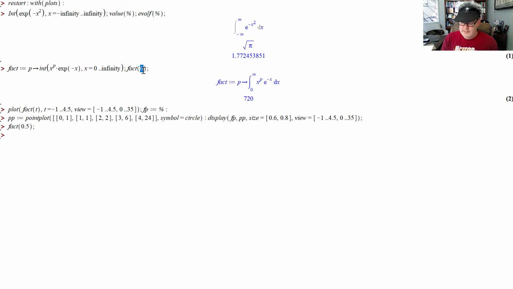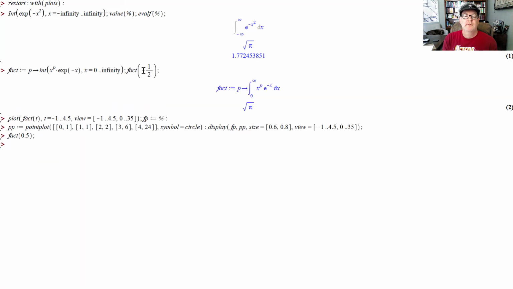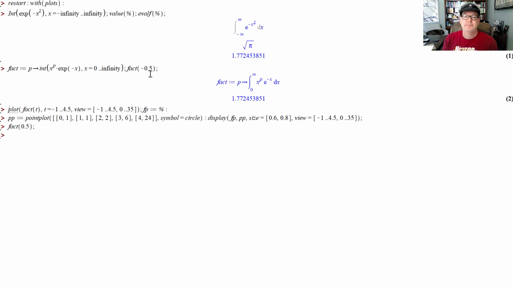I can do the negative 1/2, and I get the root pi, or if I want it as a decimal, I'll do 0.5. And if I try to go beyond, that integral is still undefined. So I can't go to the left of negative 1 for the integral.